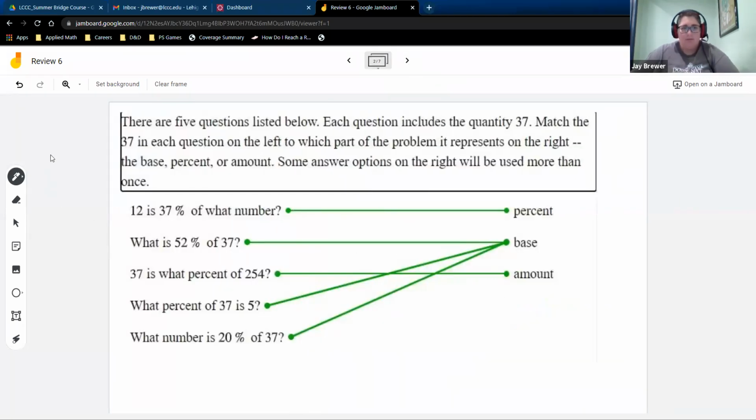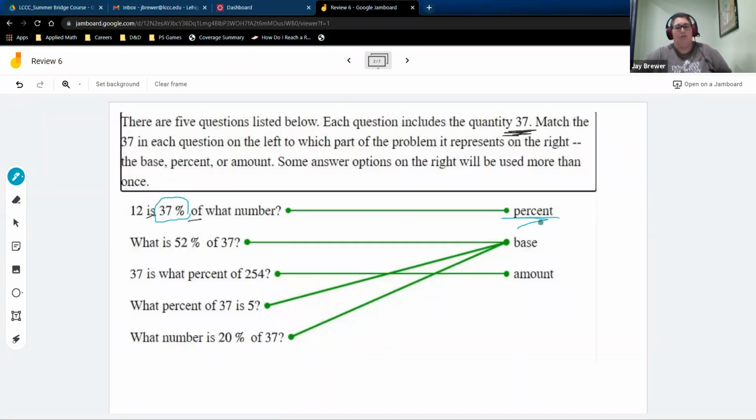All right, I'm just going to talk about this one a little bit. So is and of are really important. Is going to be an answer. So 37% of what number is 12? So it wants us to look at 37 here each time. So 37, you can see here, is a percent.